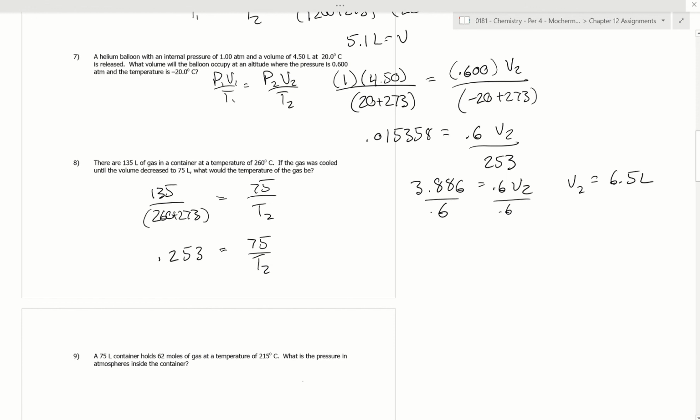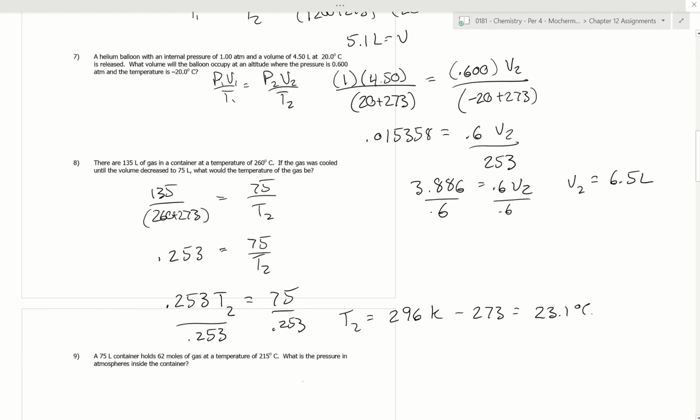I'm going to multiply both sides by T2 just to get it out of the denominator. And then I'm going to divide both sides by 0.253. So I have that T2 is equal to 296 Kelvin. I have to subtract 273, which is going to be 23.1 degrees Celsius.